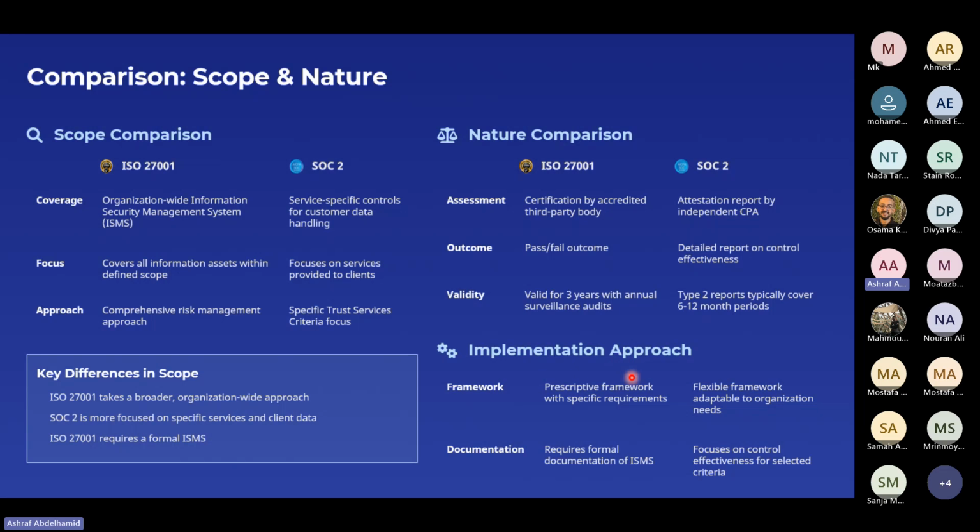When we look at the implementation approach, the ISO 27001 framework is a prescriptive framework. Prescriptive means that you have lots of controls, and you have to adopt the entire list of controls. But SOC 2 is a flexible framework. We can choose between the 5 trust service criteria, as long as we have security, which is mandatory, and then we choose among the other 4. Regarding documentation, ISO 27001 is a complete information security management system, a comprehensive framework, with comprehensive formal documentation.